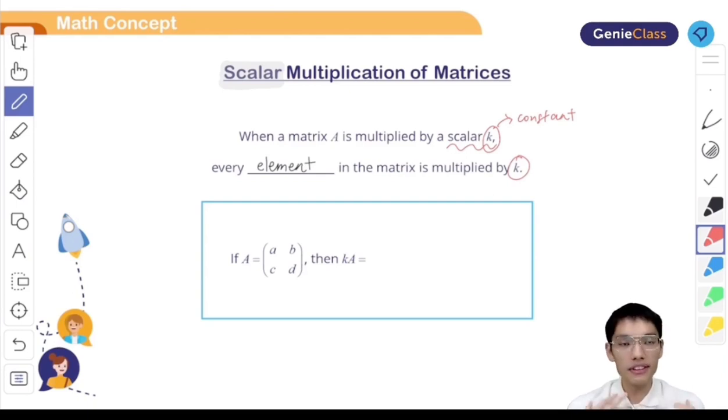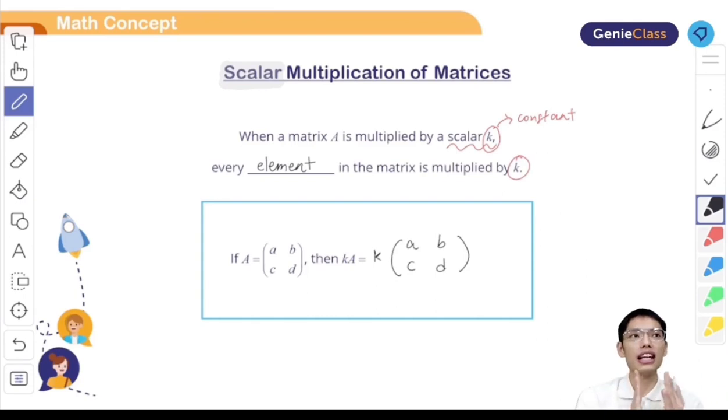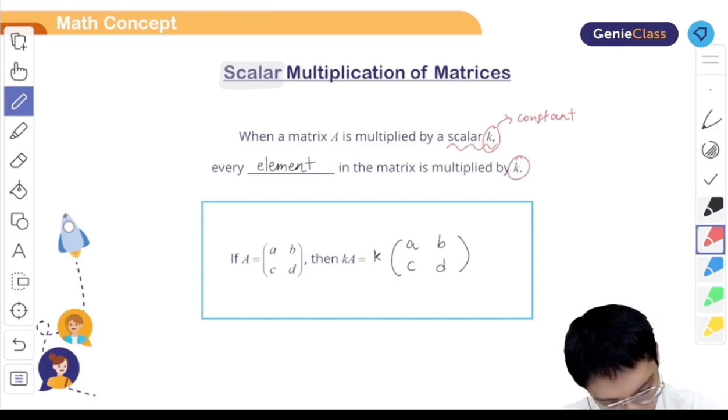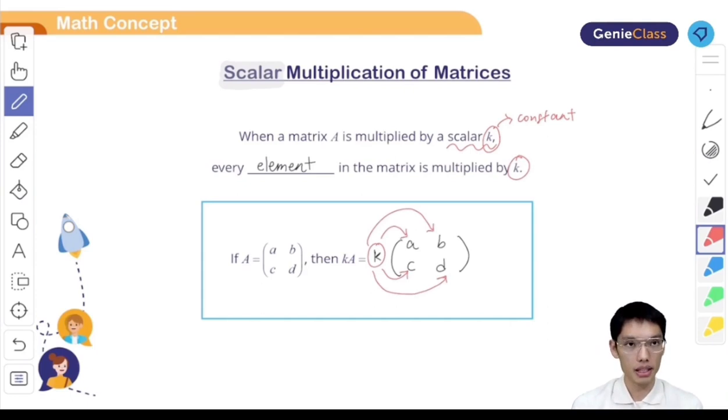Which means if A is this matrix over here, then kA is none other than, if I have to write an intermediate step, the matrix with entries a, b, c, d, where this k is multiplied throughout for each particular element. Have this picture in your mind, thinking about k distributing to each of the elements.